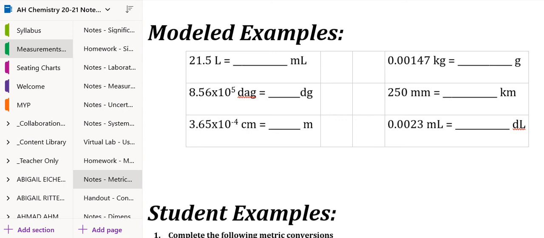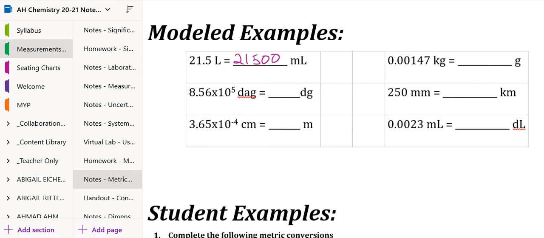So 21.5 liters would be 21500 milliliters. Do I need to show a decimal point at the end? Why not? Are those ending zeros significant? No. So if I showed the decimal point, what would that communicate? That the zeros are significant. Good.